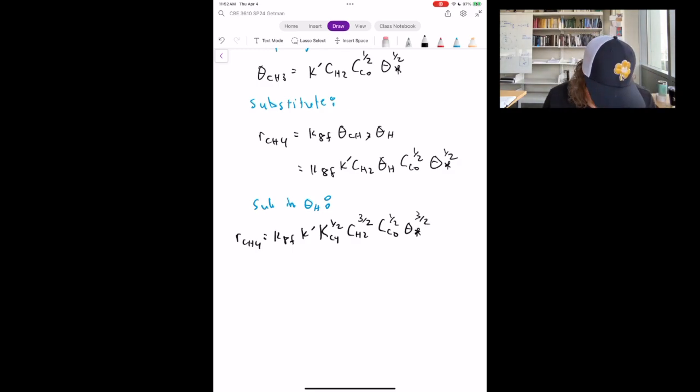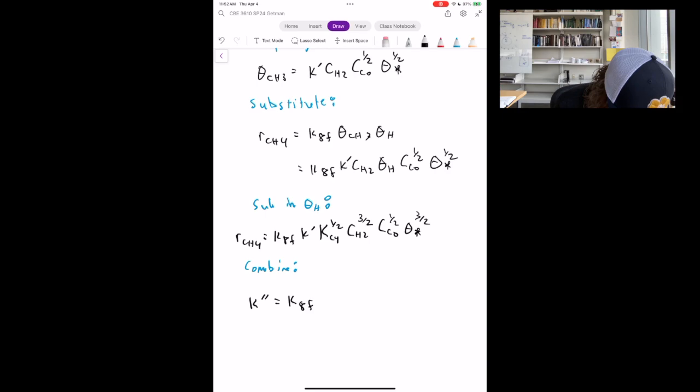All right, so let's combine some constants again. Whenever we have multiple constants multiplied together, or even added together, we are allowed to group those. So let's say that K double prime, which is a rate constant, is going to be equal to K8F K prime KC4 to the 1/2.